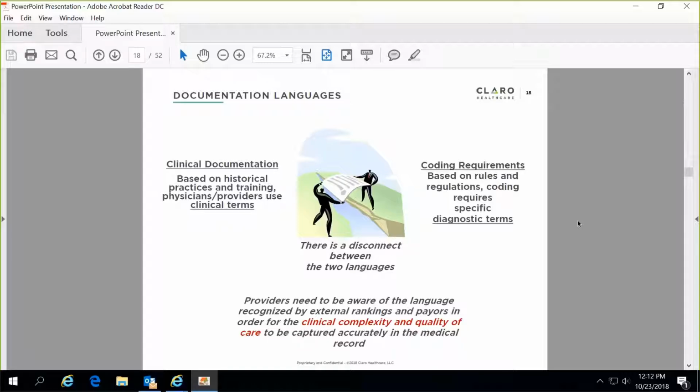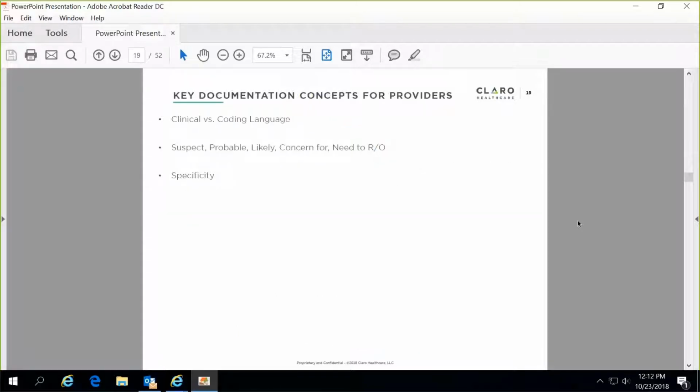So we have to fill that gap to show that clinical complexity and quality of care, those outcomes of that patient. We know that when it's not shown accurately, it's the documentation. We can look at data and see the opportunity in hospitals that don't have a documentation program or whose documentation program is not doing the right job. So we can look at the data and what that says.